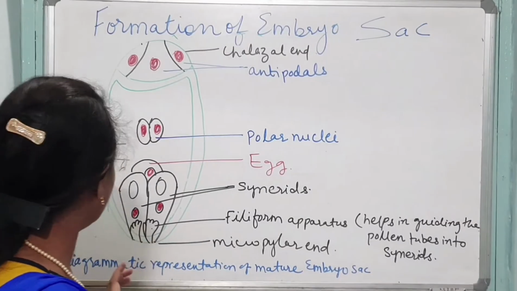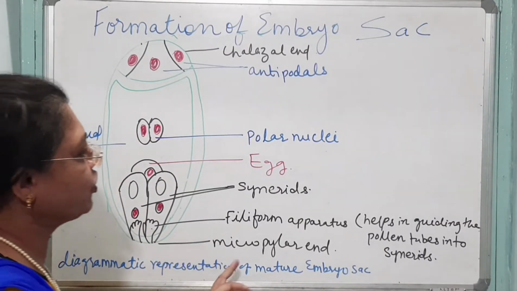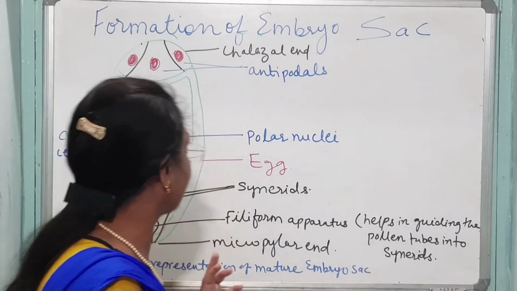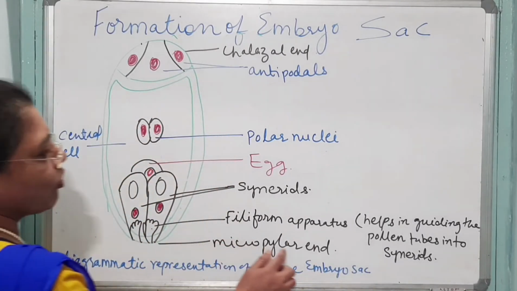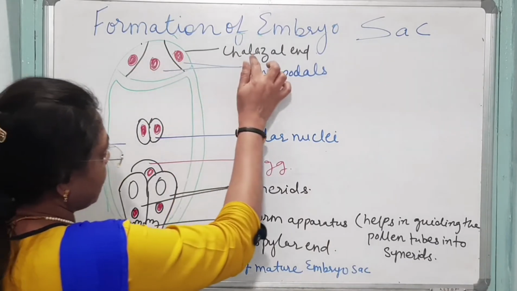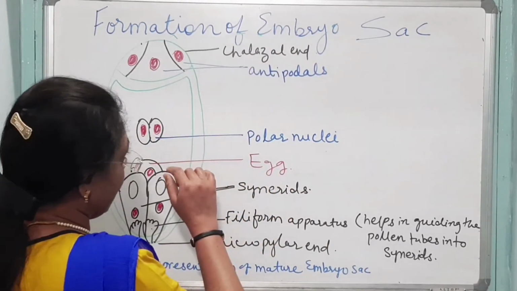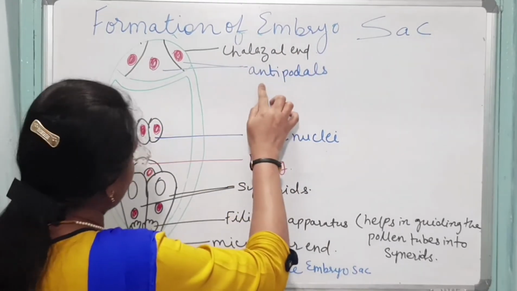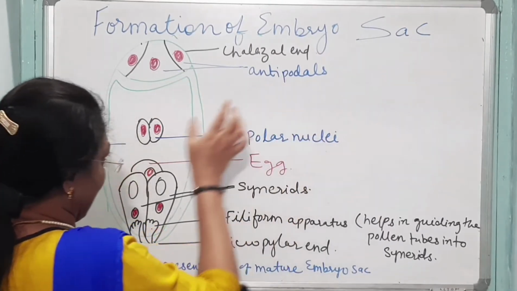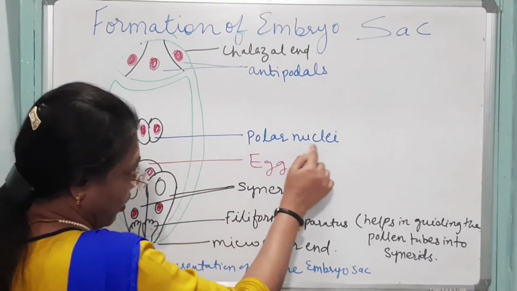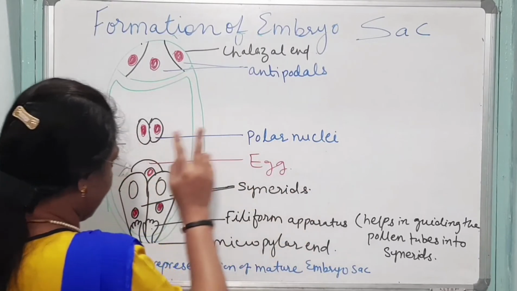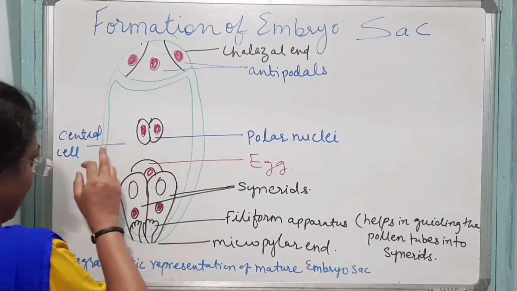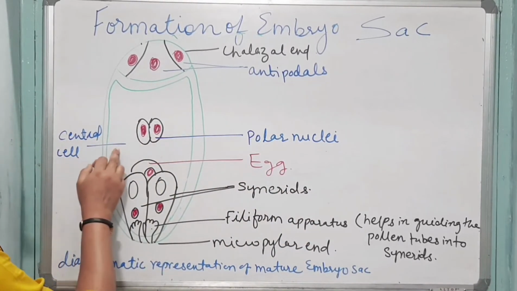Now let's see the diagrammatic representation of the mature embryo sac. This is the micropylar end and this is the chalazal end. At the chalazal end are 3 antipodals. At the center are the polar nuclei, 2 in number, inside the central cell.